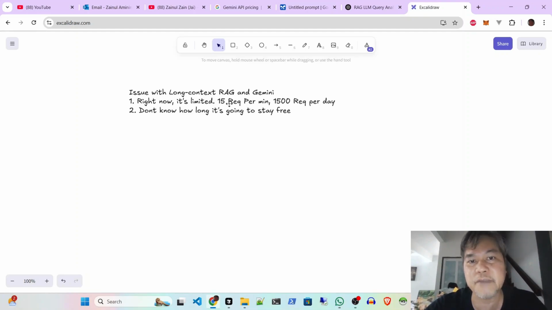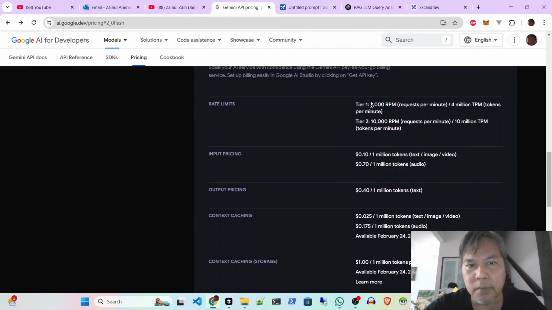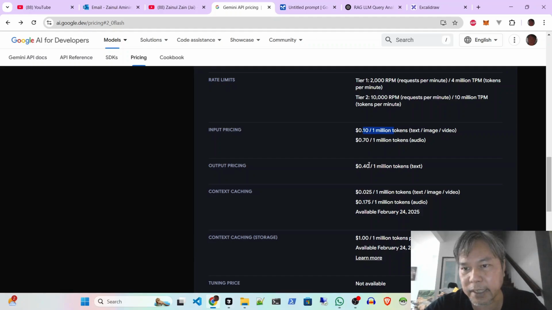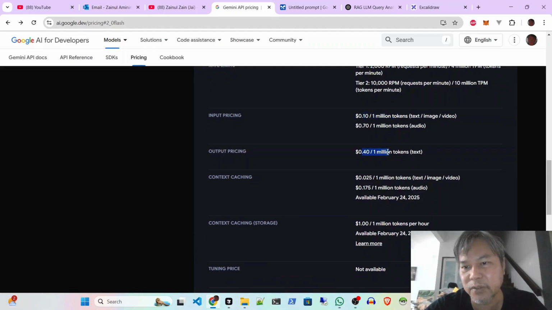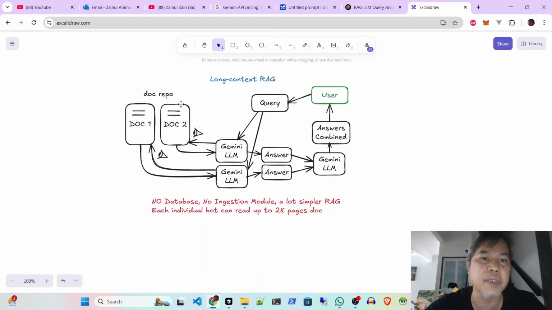So even with the free 15 requests per minute and 1500 requests per day, if you are using it for internal use only, I mean the RAG system for internal use only, I'm pretty sure this is not bad. Even if you subscribe to the paid version, it's really not that expensive. The input pricing is about 10 cents per million tokens, and 40 cents USD per million tokens of output. So it's still quite cheap for the kind of capability it's showing, which is reading the whole document.